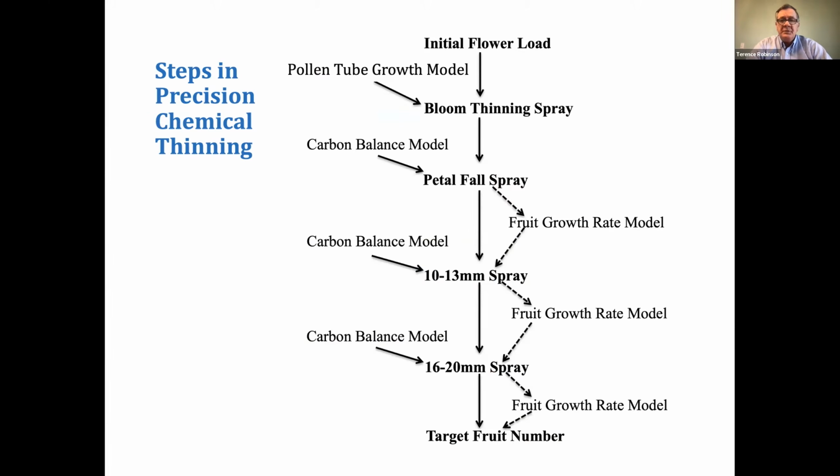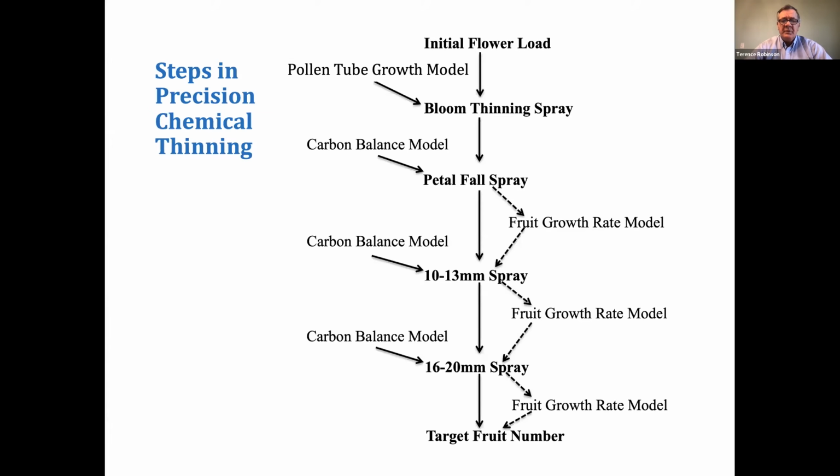It's a protocol to use sequential thinning sprays and try to sequentially reduce the crop load down to some target number. We begin with the blossom thinning sprays using the pollen tube growth model, as described earlier. But starting with the petal fall spray and the succeeding sprays after petal fall, the carbon balance model becomes an important tool in deciding both when to spray and at what dose to spray.